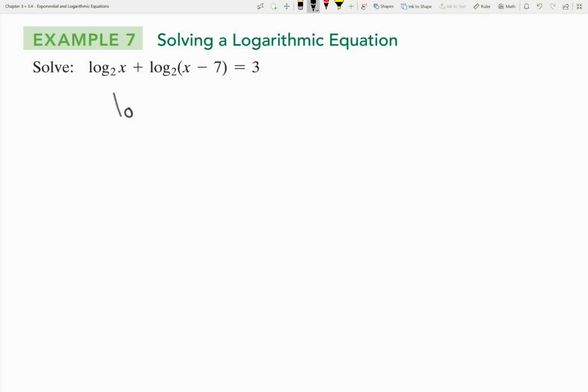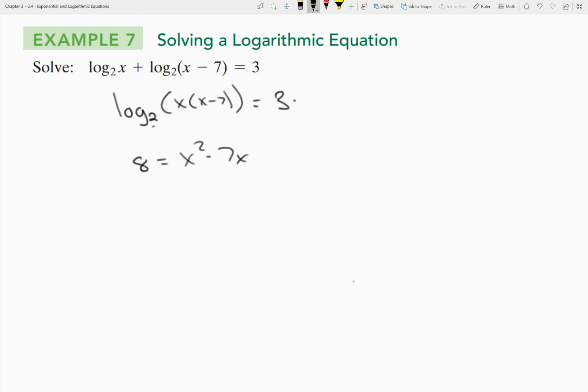The way you do that with the power rule is we multiply. And so now we can use the one-to-one property, or the definition of a logarithm. 2 to the third power is 8, which is equal to x squared minus 7x.